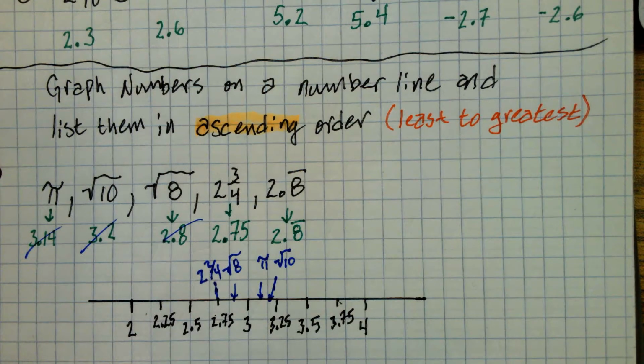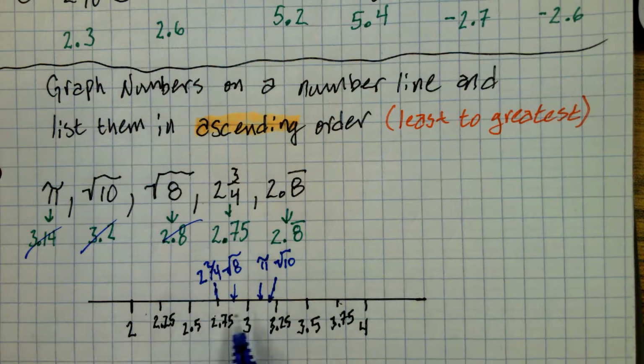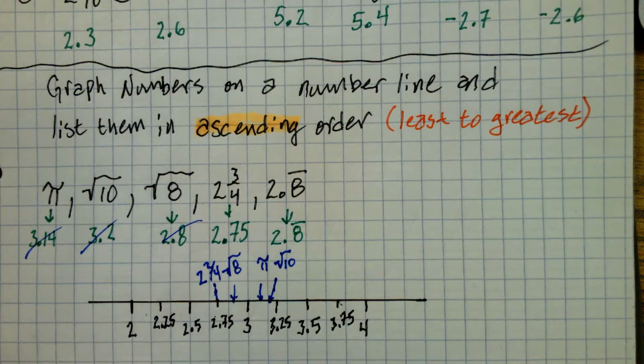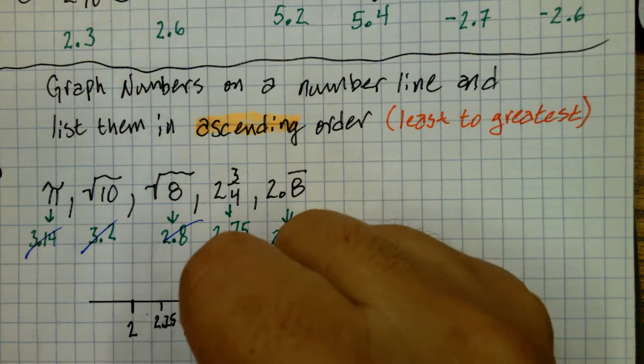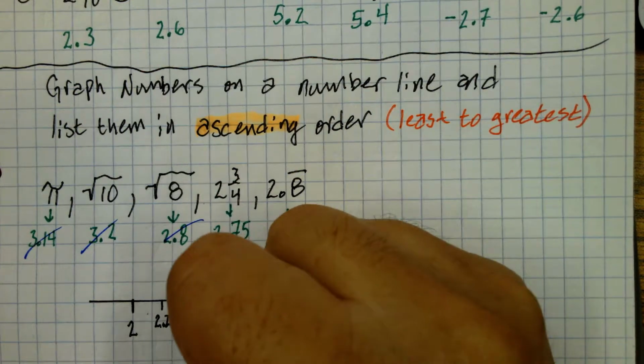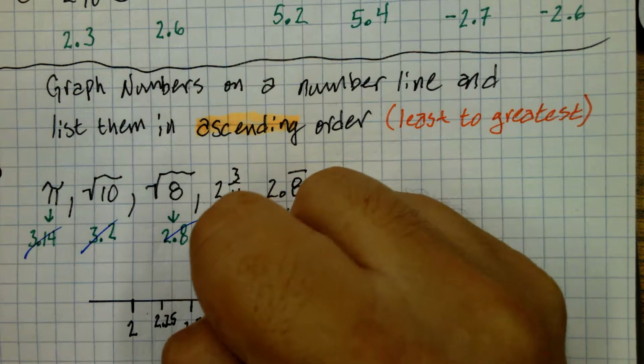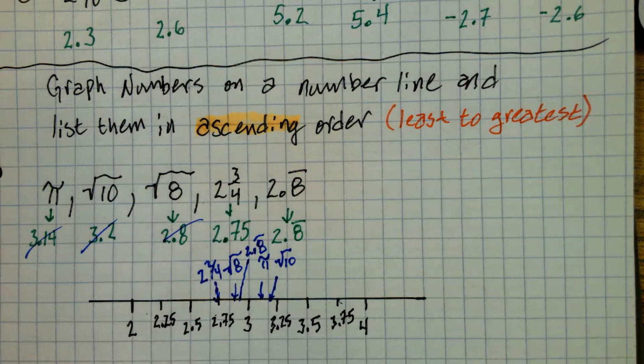And then we want 2.8 repeating. So is that going to be bigger or smaller than square root of 8? Bigger. Slightly. I'm going to squeeze it in here. 2.8 repeating. Ooh, they're all stuck in there.